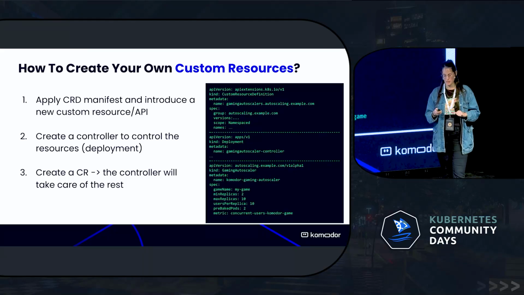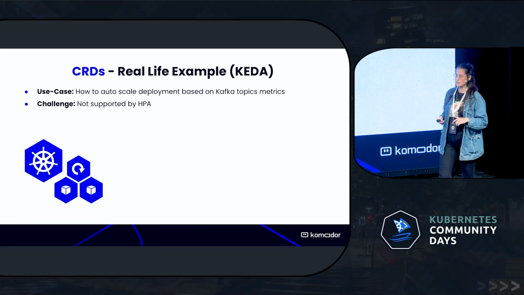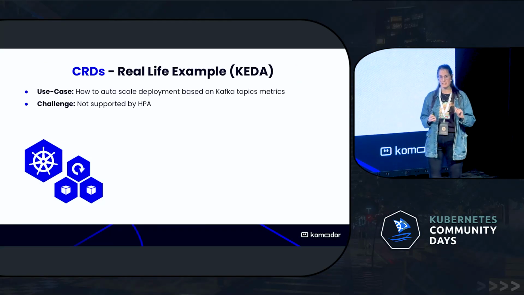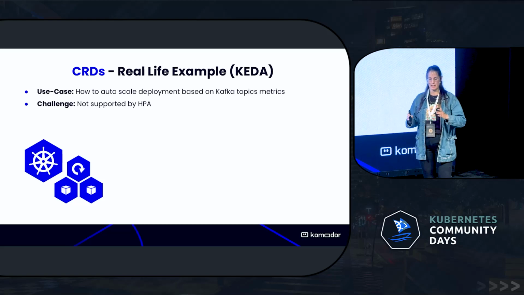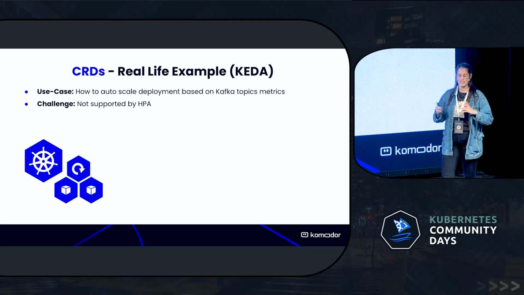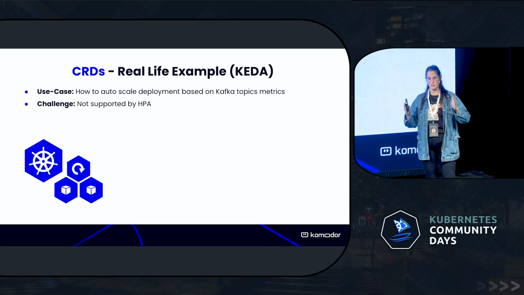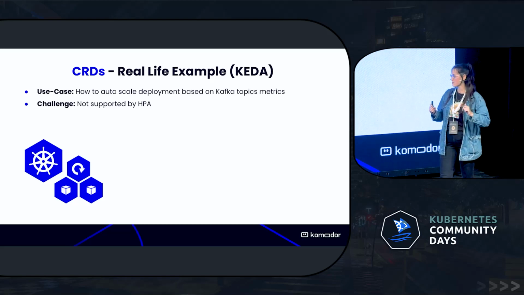Okay, so now that we know how to create our own custom resource, let's look at a more elaborate example of how we can use third-party tools that utilize CRDs in order to solve some common day-to-day issues that I'm sure most of you have come across.